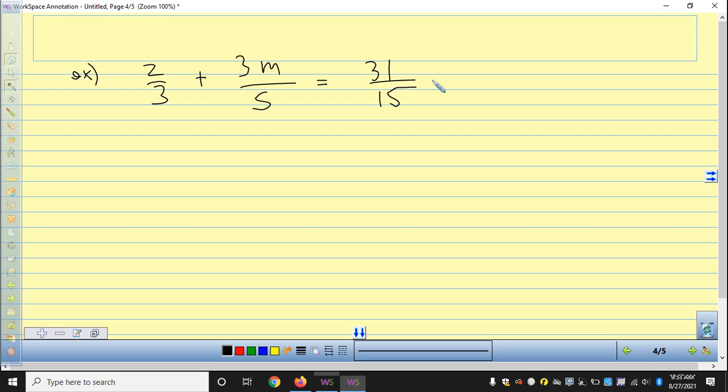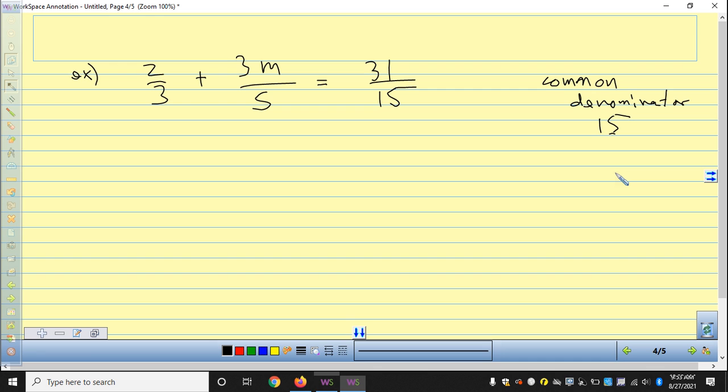So, listen up. What we want to do here is clear our fractions. And we're going to clear the fractions by multiplying by a common denominator. So what would be a common denominator? What's a number that 3, 5, and 15 all go into evenly? 15. Our common denominator is 15.